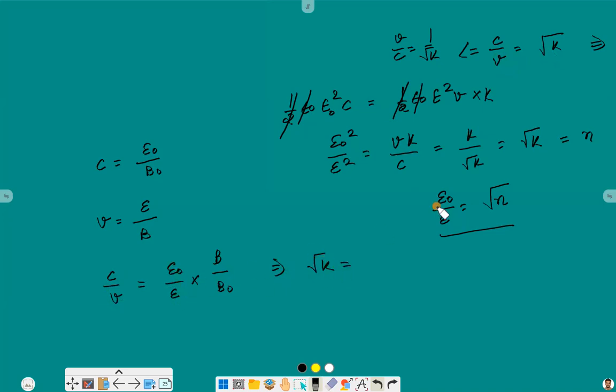Now E naught by E, it is equal to, let us write it as under root N, and here we have B by B naught.